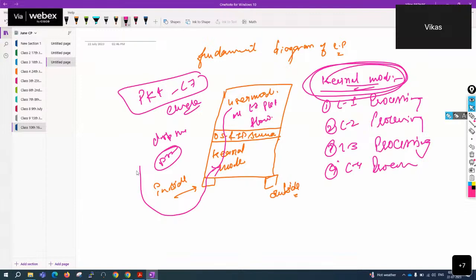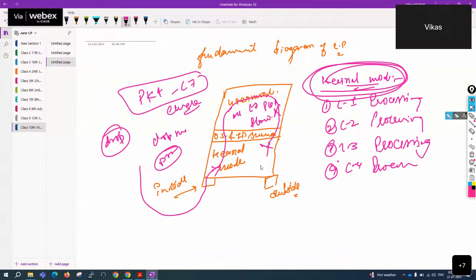It will check all the layer 7 features over there. And let's suppose the action is drop, right? It will not drop the packet here. It will send the packet back to kernel mode and this packet will be dropped there. So user mode will not perform any action at the user mode level.